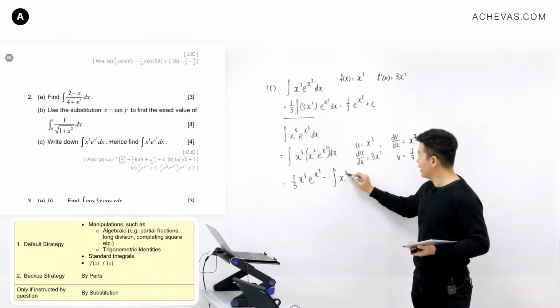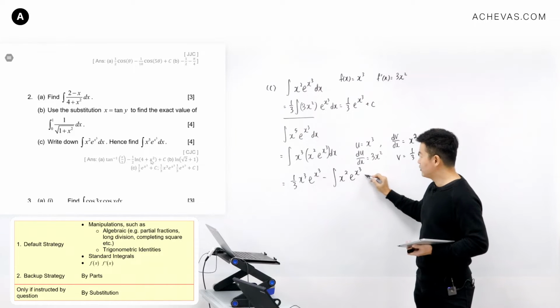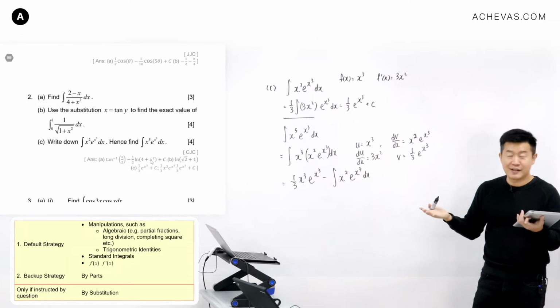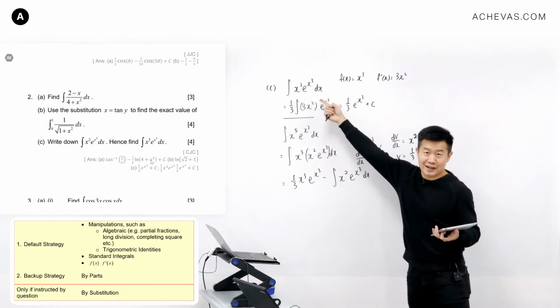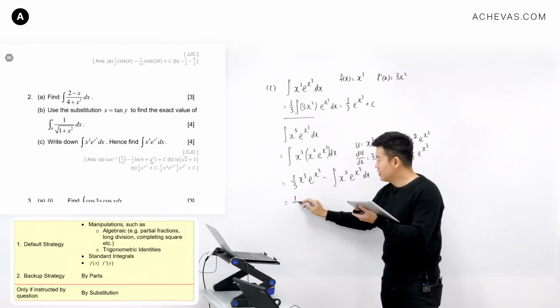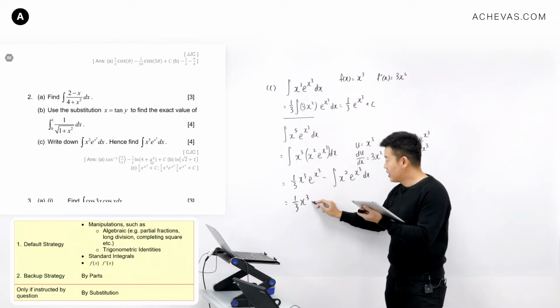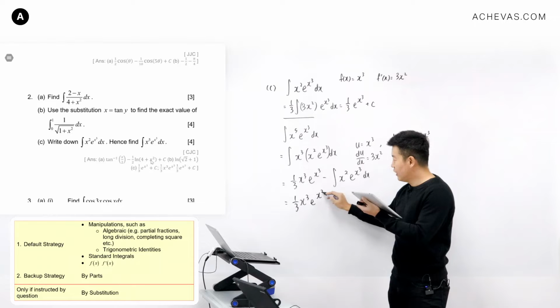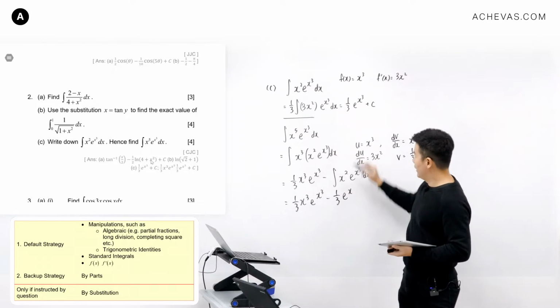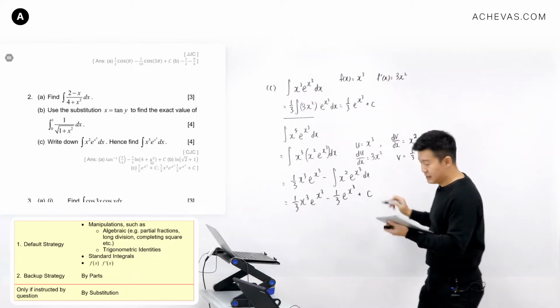We are going to be left with the integral of x squared e to the power of x cubed dx. And I guess this question has in a way been set up because this is exactly this, so I'm going to just make use of the same result again. And my final answer here is 1/3 x to the power of 3 e to the power of x cubed minus 1/3 e to the power of x cubed plus c.